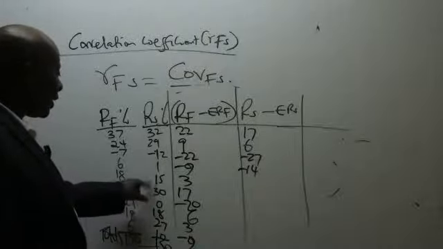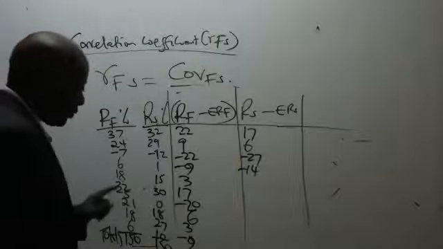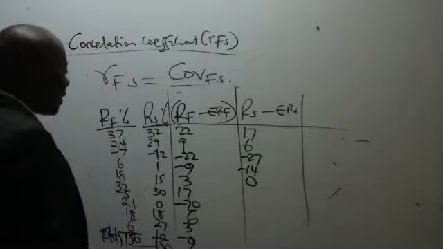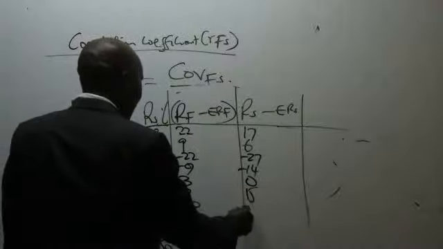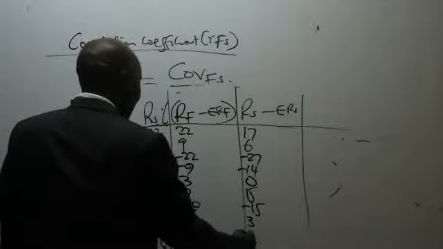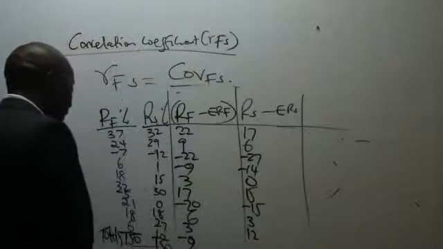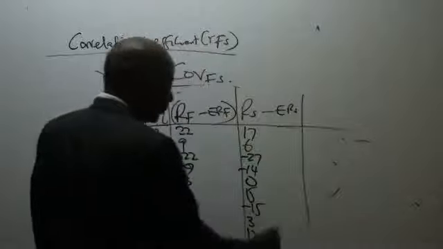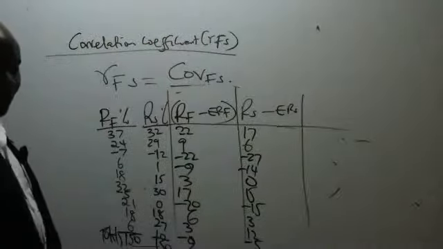Oh, this is positive 15. So if it's 15 minus 15, that gives me 0. Thank you very much. And then 30 minus 15, that gives me 15. Then we have minus 15. Then we have 3. Then we have 12. And then lastly, if that is 10, this should give us minus 5.